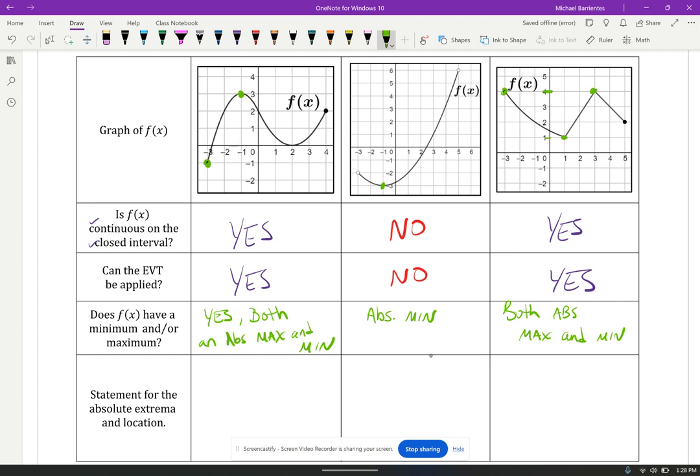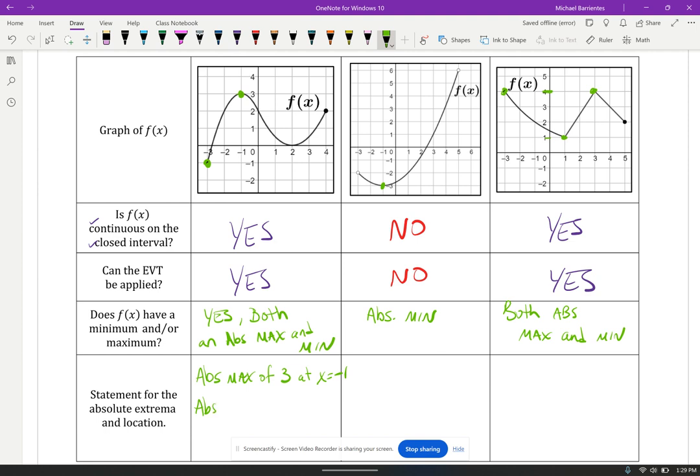And so therefore, I'm going to write the statement for the absolute extrema. Okay? So what is the absolute maximum? The absolute maximum is 3. That's the y value. That's the function value at x equals -1.